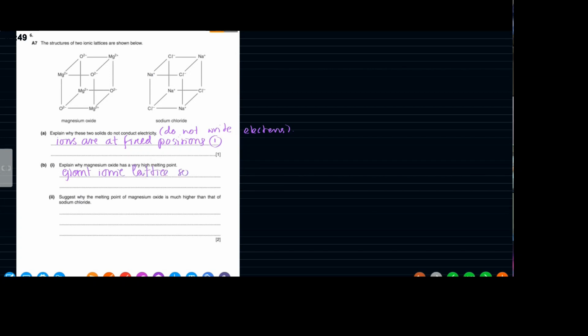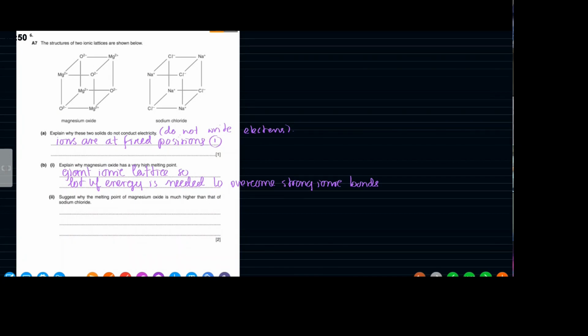So a lot of energy is needed to overcome strong ionic bonds. Right? Actually, it's just 1 mark. So even if you say it is a giant lattice structure, then giant ionic lattice, you will get the mark.